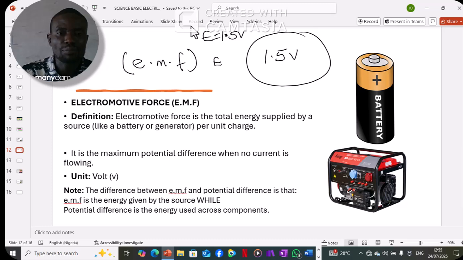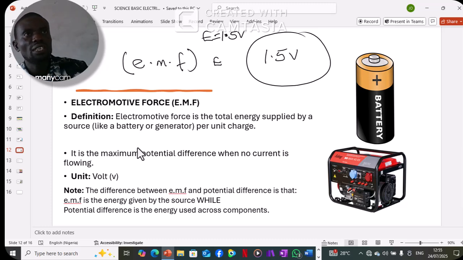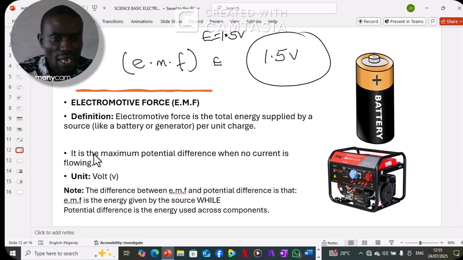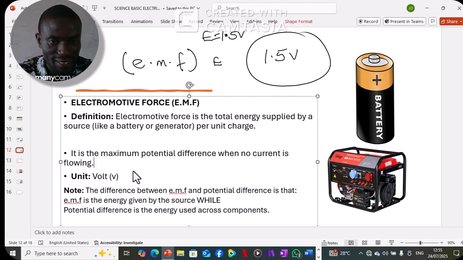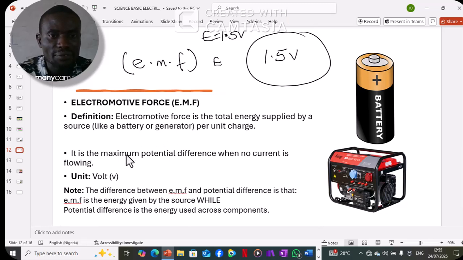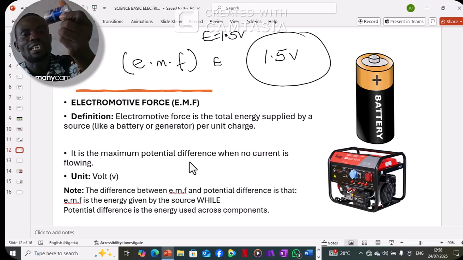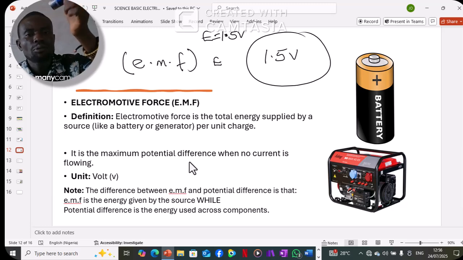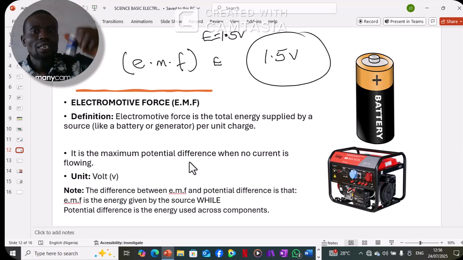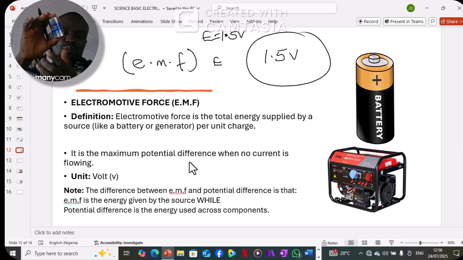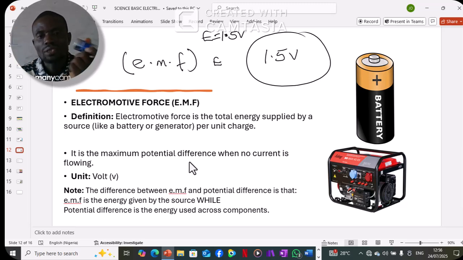Now I'm going to explain the difference between EMF and potential difference. EMF is the maximum potential difference when no current is flowing. For example, this battery, when it is not connected, the maximum is called EMF.